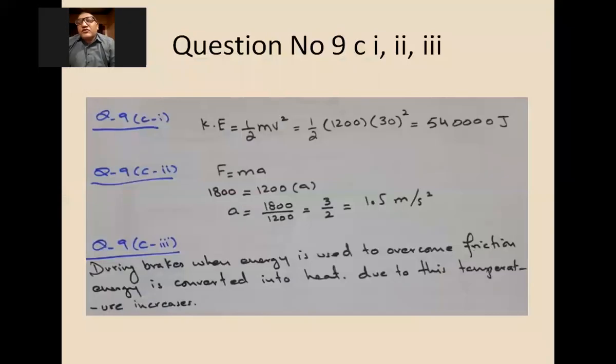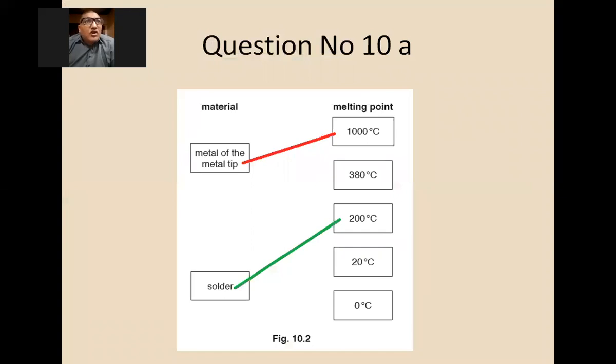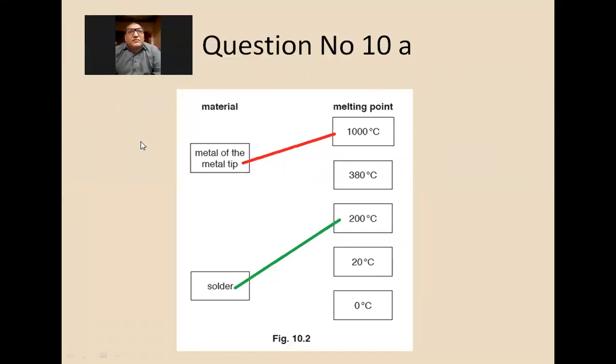Okay, so this is question number 10. On your screen, you can see the metal of the metal tip, its melting point should be more than 380 degrees centigrade. So the best answer is 1000 degrees centigrade. When you are doing this process, the metal tip should not melt. And the solder metal itself, it's an alloy of different metals, and it should melt at 380 degrees centigrade.